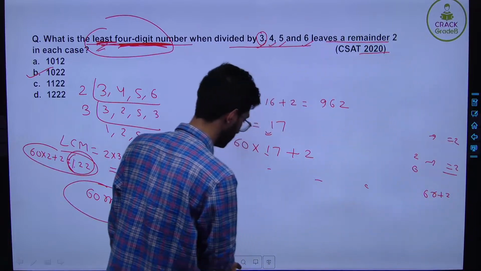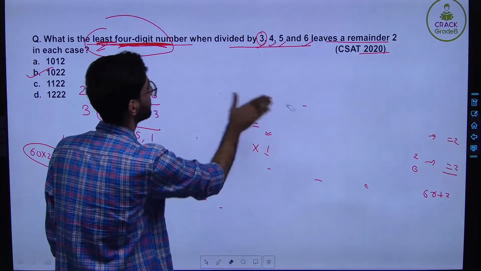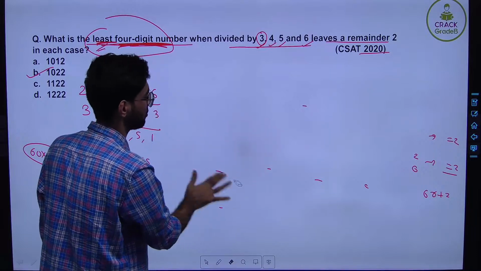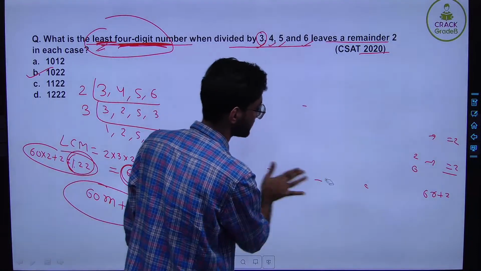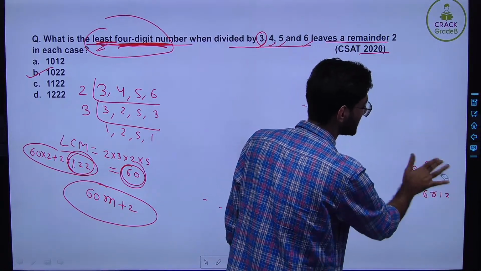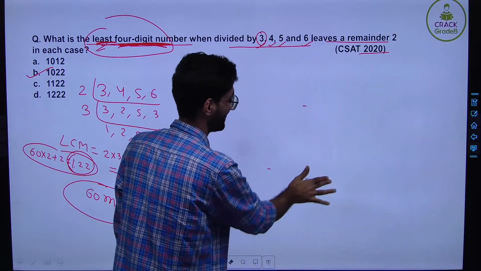I have seen a few aspirants who try to recall this kind of questions. There are basically 6 to 7 questions related to this concept, so they try to remember the approach of each type of question.